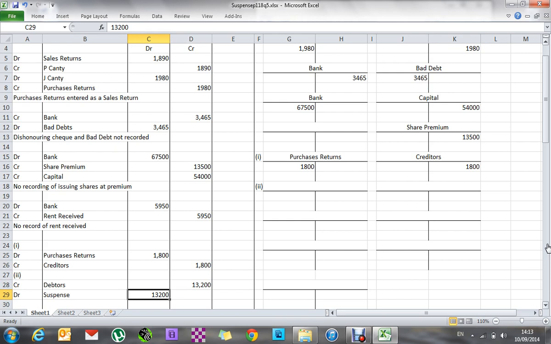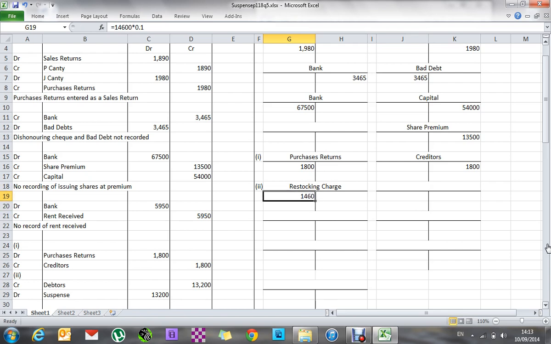Now we have to do the restocking charge of 10% to cover return. So we need to make a new account called restocking. The restocking charge is an expense to me, and that expense is going to be the amount of the original transaction, which is 14,600, multiplied by 10%.